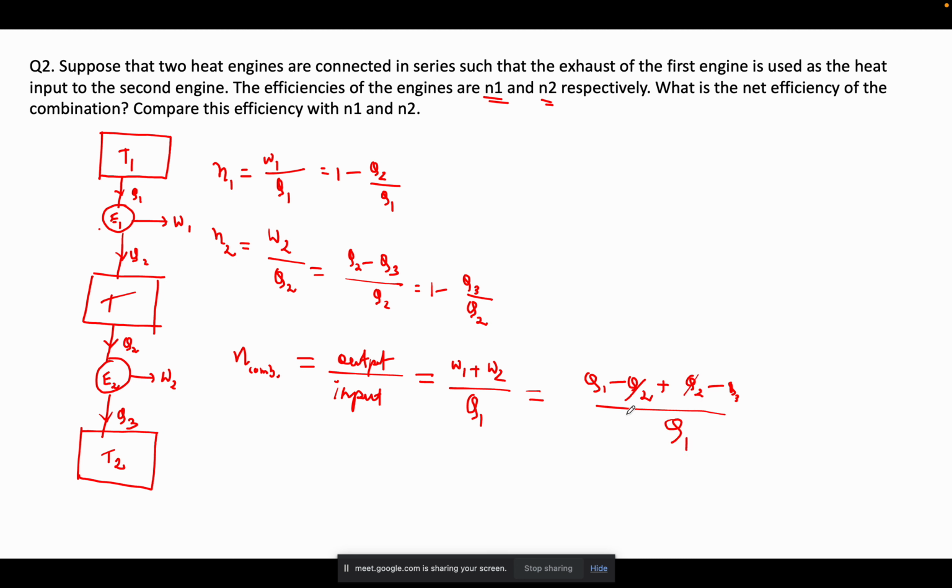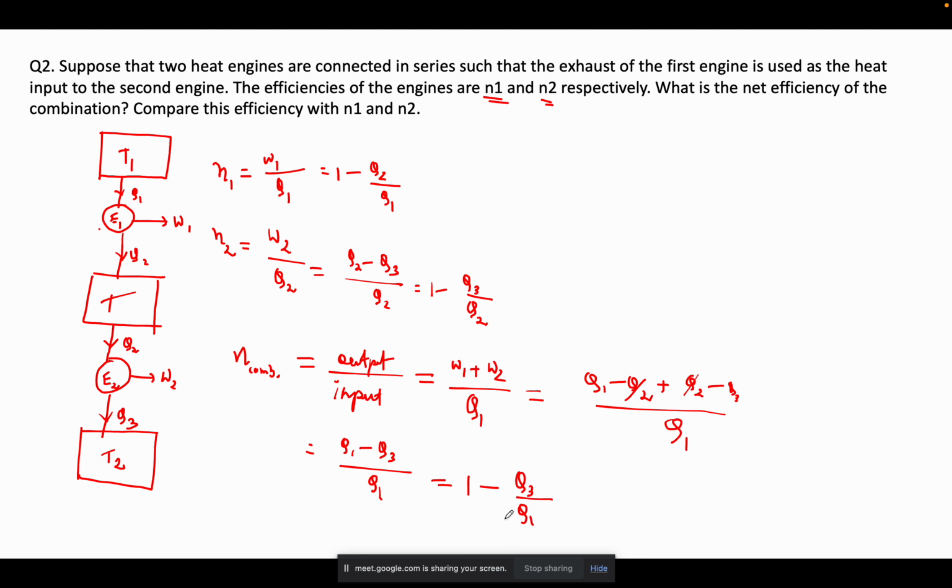So Q2 got cancelled. Now my eta combined is Q1 minus Q3 by Q1. I can also write this as 1 minus Q3 by Q1.